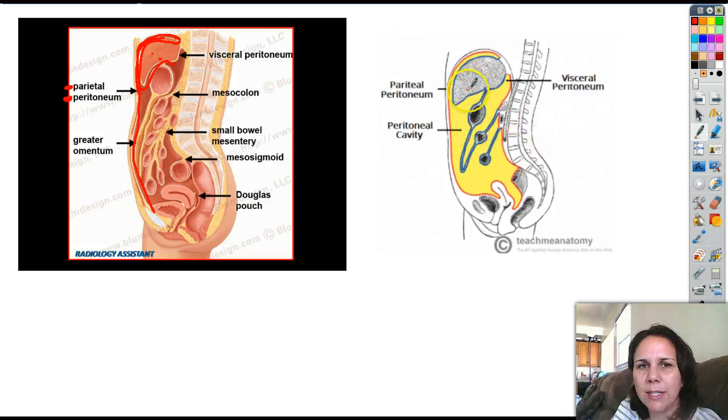Here's a better picture because I like it. It's color-coded. You can see the red on the outside, parietal, and then we have the blue on the inside, visceral. Touches the organ, visceral. Doesn't touch the organ, parietal. Okay? And then this is just the empty cavity that's filled with serous fluid, so that way your guts and organs don't rub against each other when you're out for a jog.